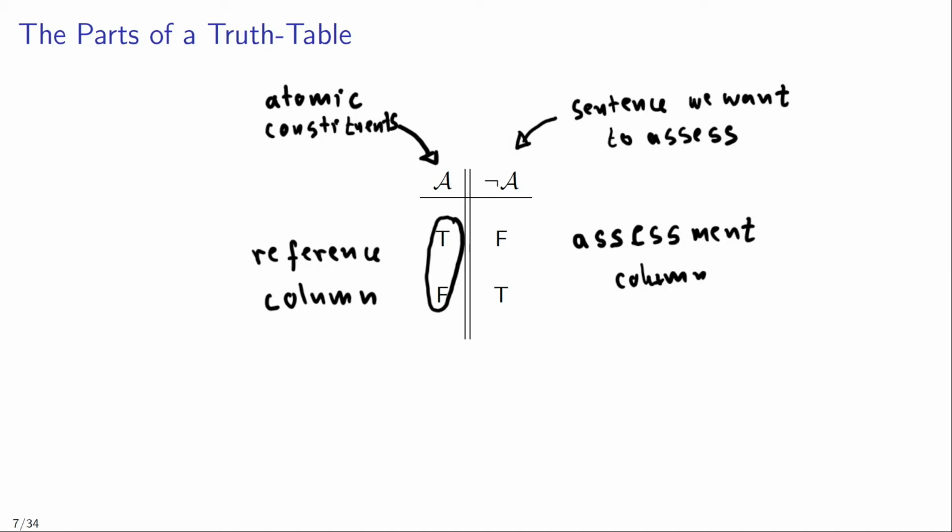And then below the sentence that we want to assess, we see the truth values of the sentence represented as a function of the truth values of the atomic constituents. So those are the main components of a truth table.